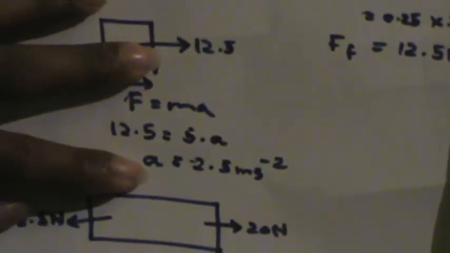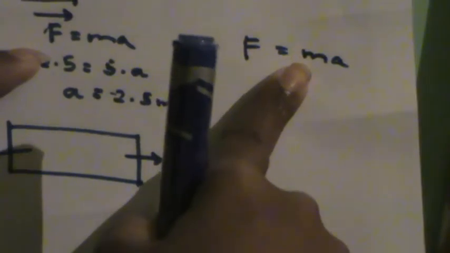So the acceleration of 2.5 meters per square second can be written like this: F equals ma. Since F has a maximum value, and mass is a constant, whether you put 20 newtons or 30 newtons or even 1000 newtons, the mass is a constant. So at maximum F, you get a maximum acceleration.